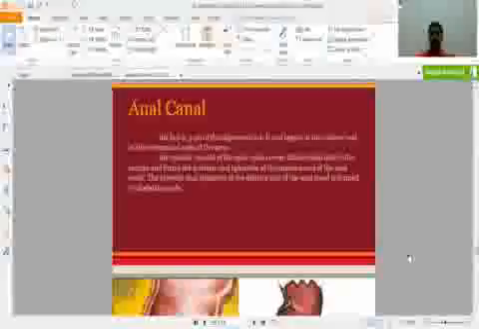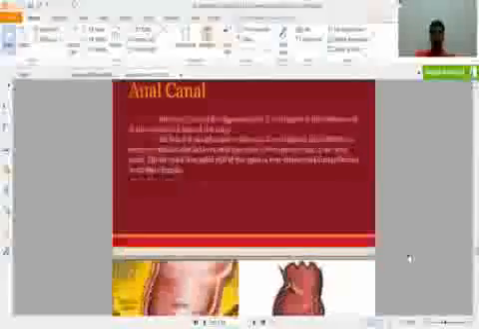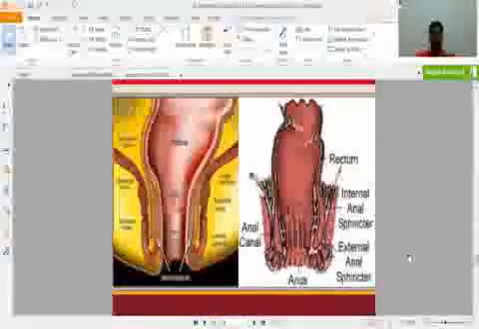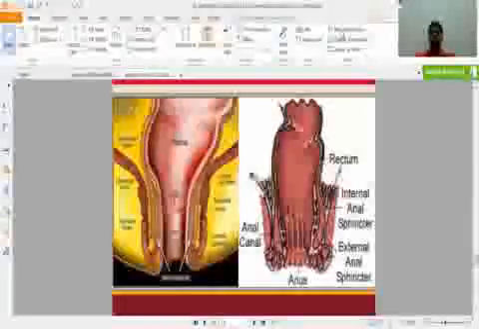The external anal sphincter at the inferior end of the anal canal is formed by skeletal muscle. This diagram is showing the anatomy of the rectum and anal canal.